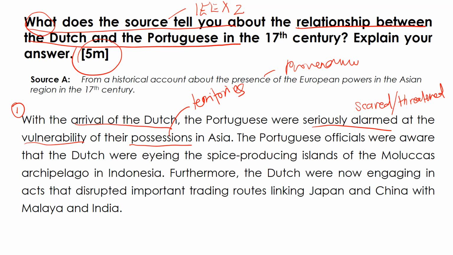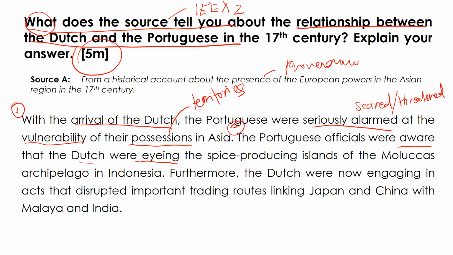Okay? Sentence number 2. The Portuguese officials were aware that the Dutch were eyeing the spice-producing islands of the Moluccas archipelago in Indonesia. So I'm going to rephrase it. The Portuguese officials were aware, they knew that the Dutch were eyeing, okay, they were looking at choosing to take over the spice-producing islands of the Moluccas archipelago in Indonesia.